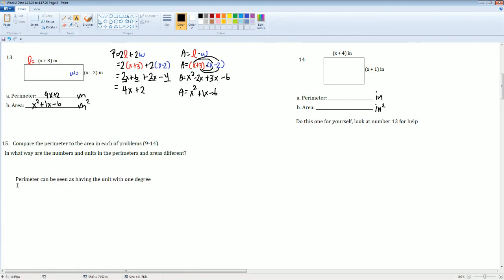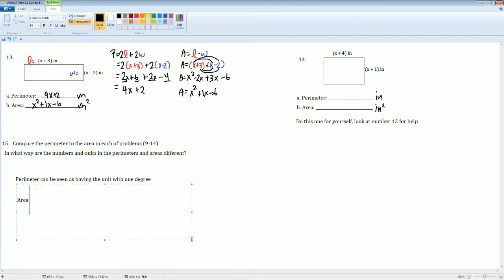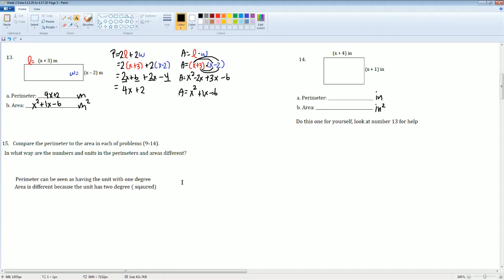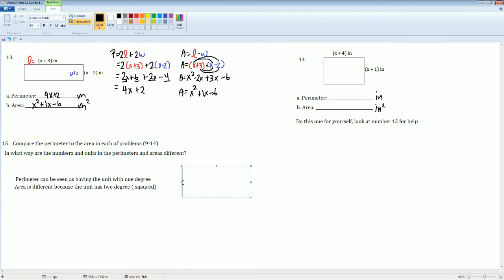Area is different because the unit has 2 degrees, right? Or this is also called squared. So the area can be seen as a higher degree. That makes sense because area is technically geometrically two-dimensional, while perimeter or circumference can be seen as one-dimensional.